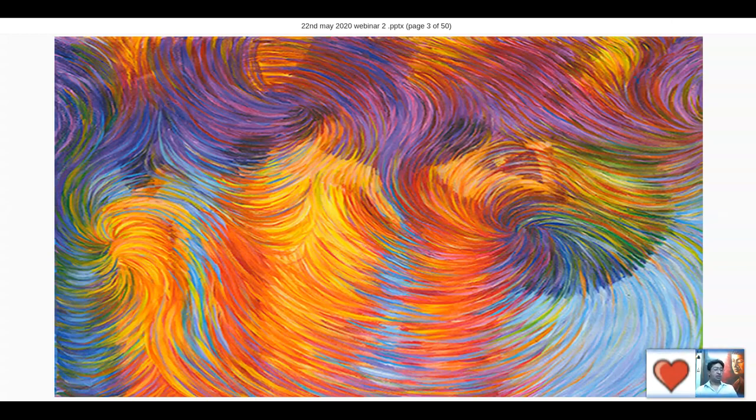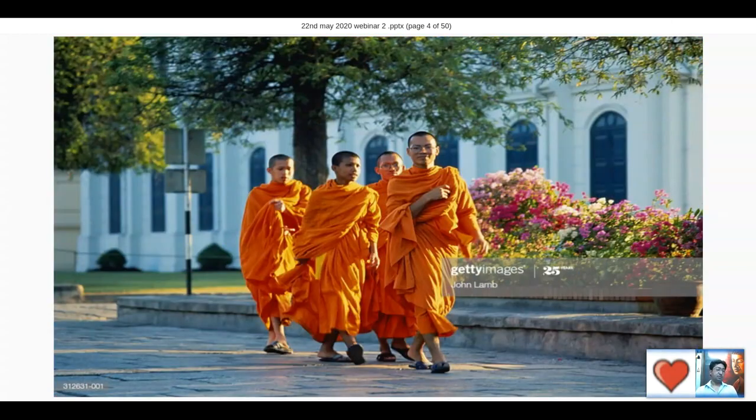Now this is what homeopathy is basically. In the whole scenario of the symptoms, we have to pick the picture of the patient, and there is another picture. Now you can clearly see the four Buddhist monks walking together.